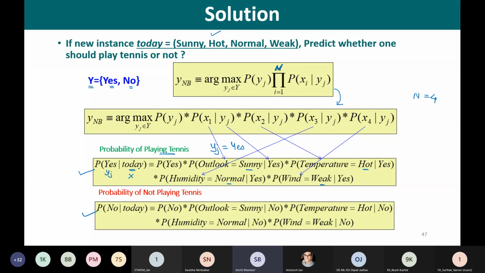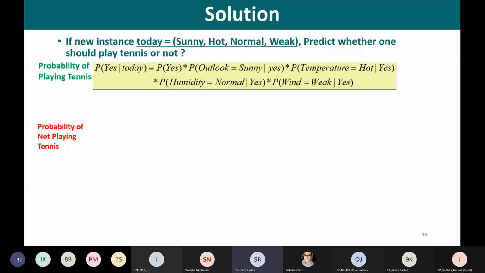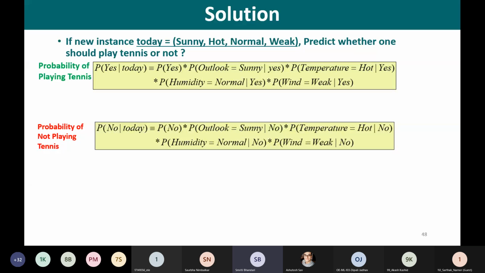Fine, so let us proceed now. This is what we want to compute or predict. We have come up with the probability of playing tennis and the probability of not playing tennis. These two are the expressions we have found.